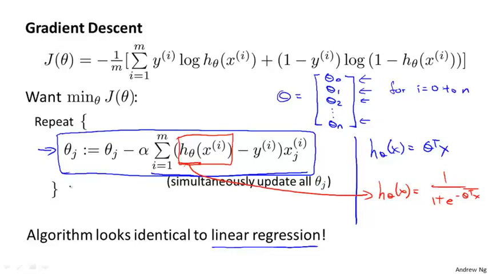But of course, rather than using a for loop, ideally we would use a vectorized implementation, so that it can update all of these n plus 1 parameters in one fell swoop. And to check your own understanding, you might see if you can figure out how to do the vectorized implementation of this algorithm as well.